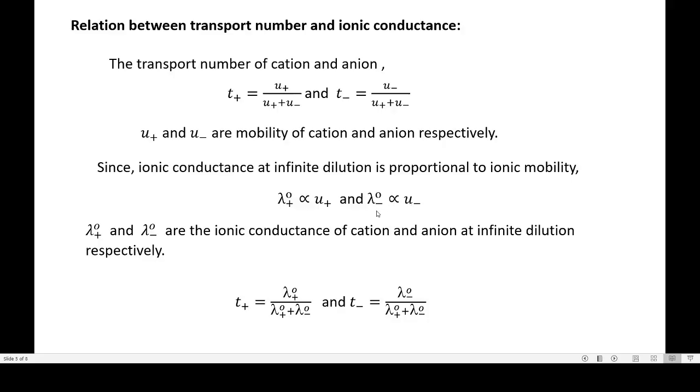If we remove the proportionality constant, which is equal to Faraday's constant, in the numerator as well as in the denominator it will get cancelled. So T plus is equal to lambda naught plus upon lambda naught plus plus lambda naught minus, and T minus will be equal to lambda naught minus upon lambda naught plus plus lambda naught minus, that is the sum of ionic conductance of cation and anion at infinite dilution.